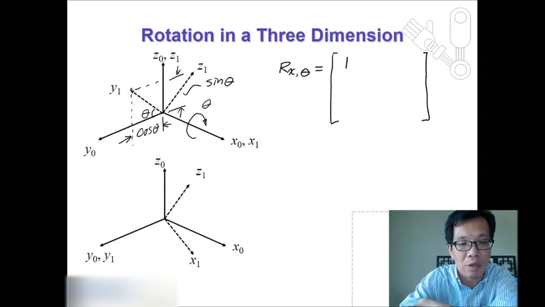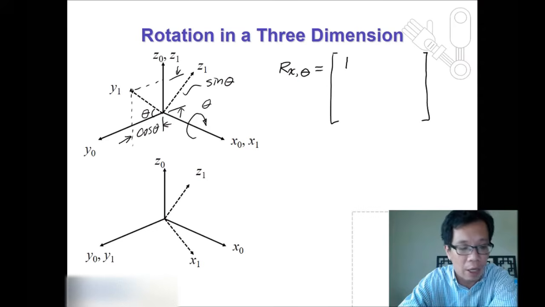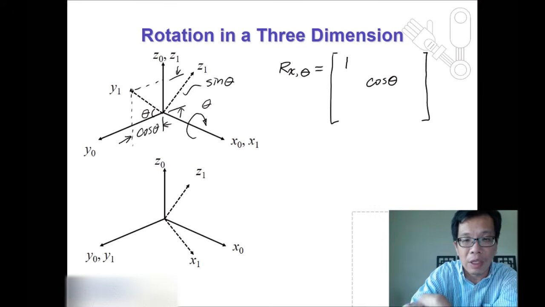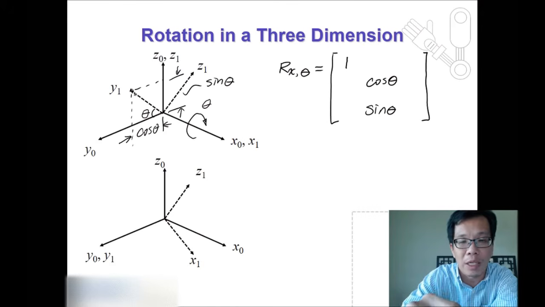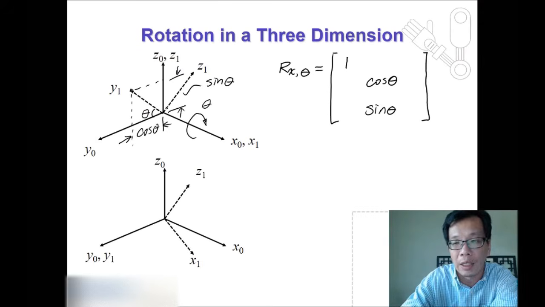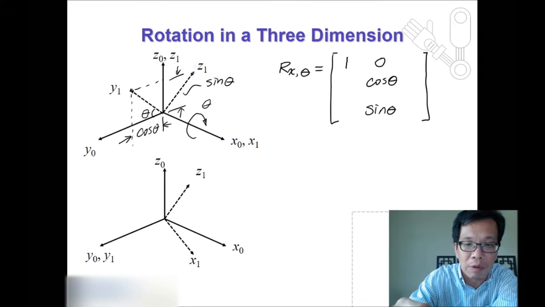So let's start from y. Y is going to be in this direction. So we're going to have our cosine theta along y0 direction. Along z direction, it's going to be sine theta. And this one is not rotating about this point. So when we are dealing with that one, the x component along this column is going to be 0. For this one over here, we are talking about this point over here.